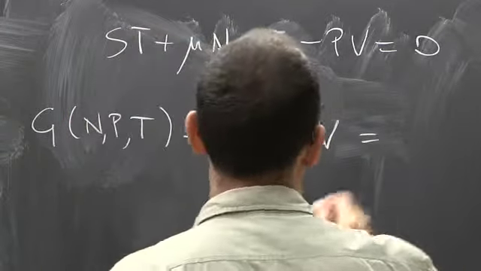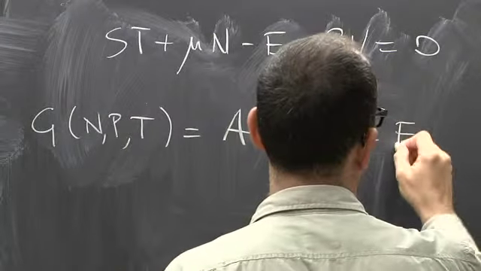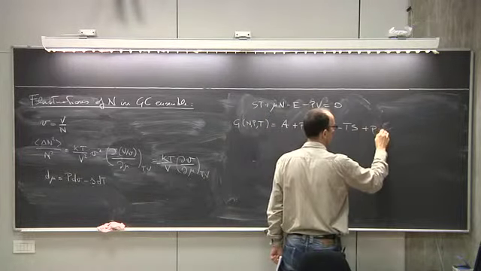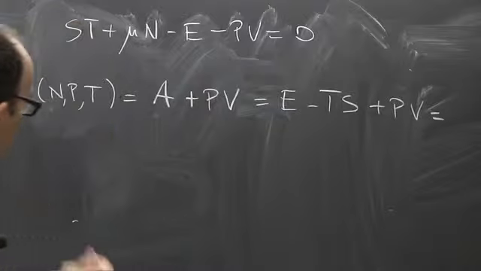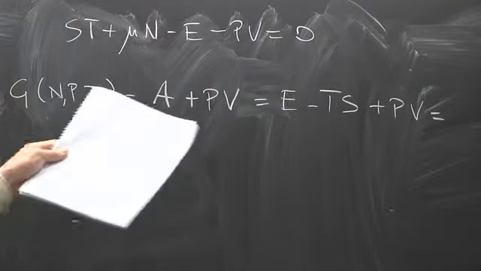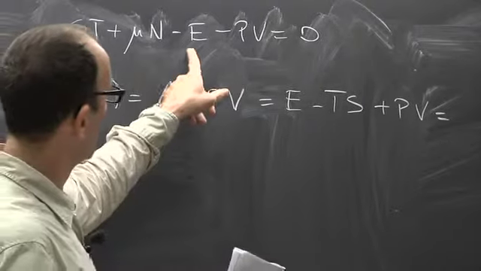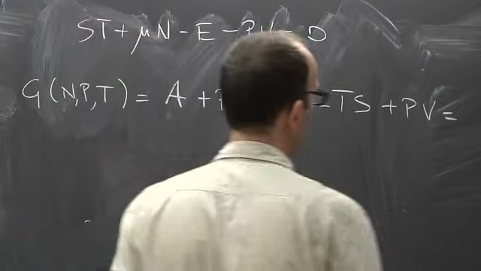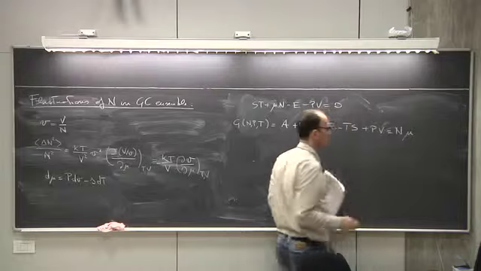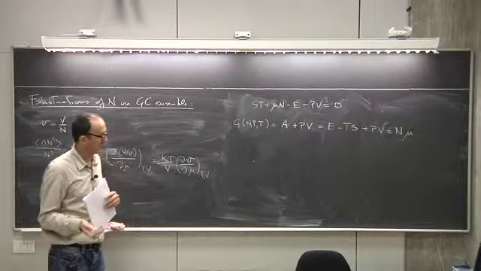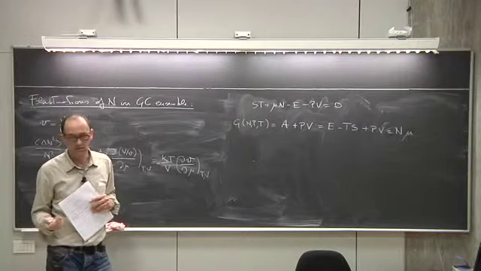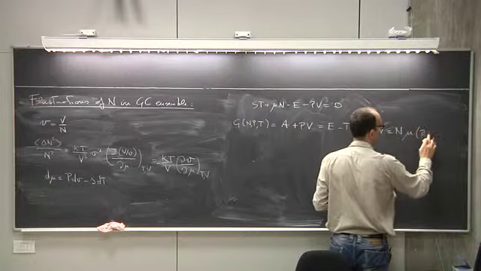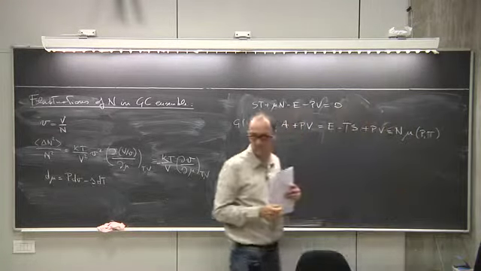Okay? So this is E minus TS, the Helmholtz free energy, plus PV. So from this, you see that using this relation, E plus PV minus TS is exactly equal to mu n. So you see mu is an intensive variable, so it does not depend on n. So this tells you that mu is a function of P and T. Okay.